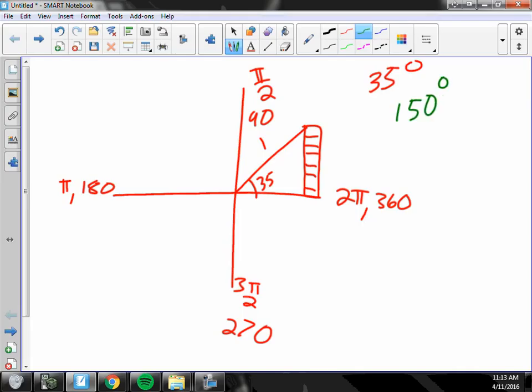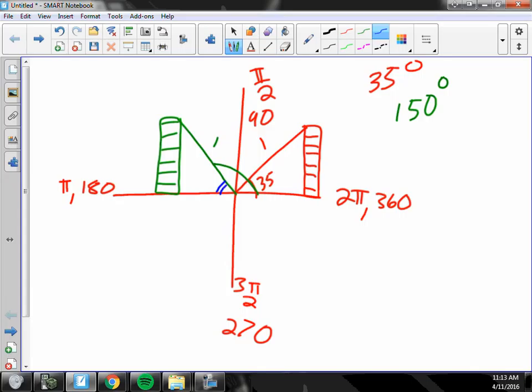What about a 150-degree angle? Where's that? That's in quadrant 2. So I rotate 150, and where do I put the wall? On the left side. Well, here's my wall, here's my ladder length 1, and I need to know what is the angle right here.